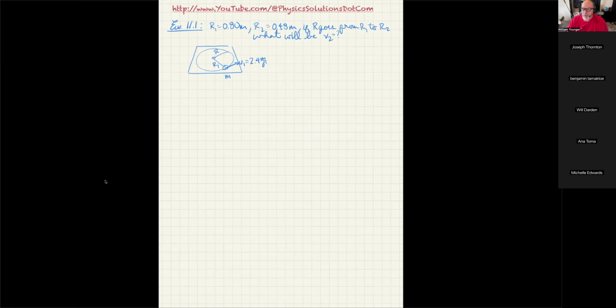Okay. So you can try this yourself. You can drop a string through a straw, hold the straw up, and have a mass tied to the end of the string, and you can get it swinging over your head like this. And then all you have to do is pull the string down here. What you'll see is as that radius decreases, angular momentum is conserved because you're not applying a torque to the system.